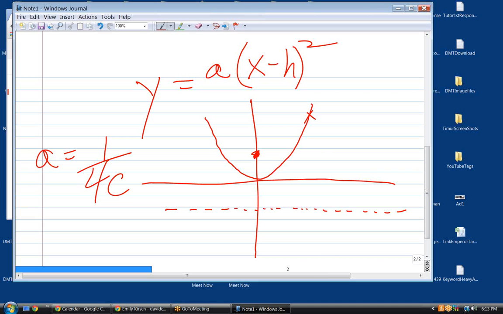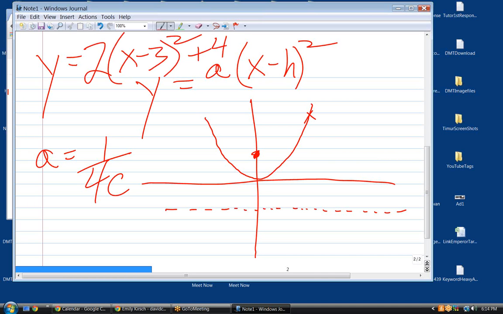So, if I gave you a parabola in vertex format, what is the focus? Where is the focus located? First of all, where's the vertex?